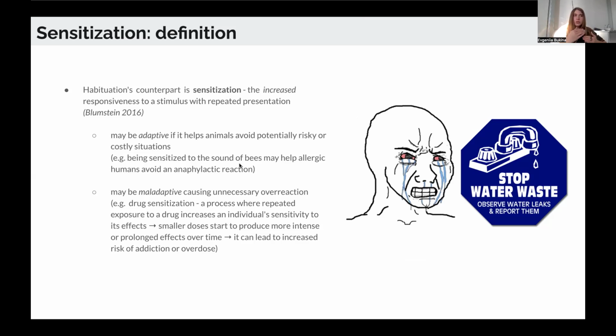But in the second use, there's an overreaction, and you can have an overdose even with a small dose or a dose within the normal range. Or you can have a risk of addiction, because that overreaction leads to some pleasant effects, and you can be too happy and continue using them. So yeah, sensitization can be adaptive and maladaptive.